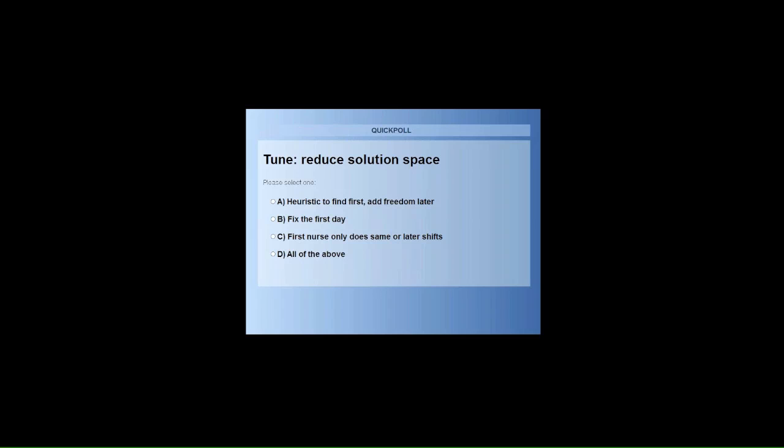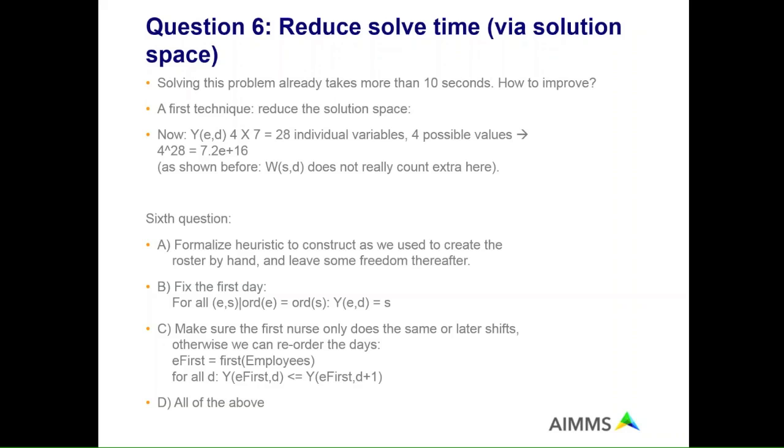Okay, the votes are coming in. Almost everyone has voted now. We'll wait a few seconds for the last few votes. Okay, and we'll close down the poll and show you the results.